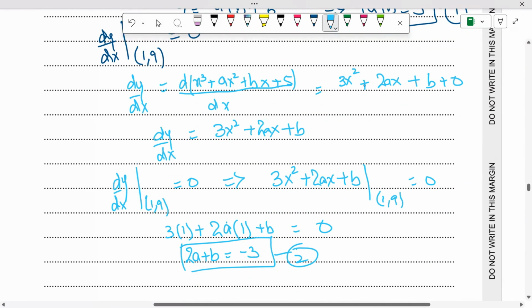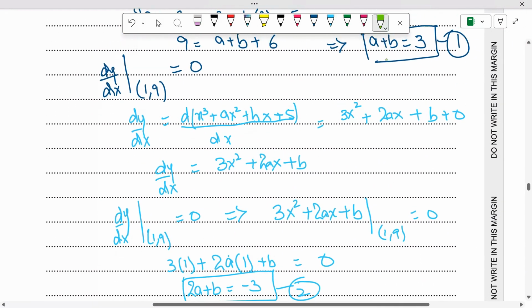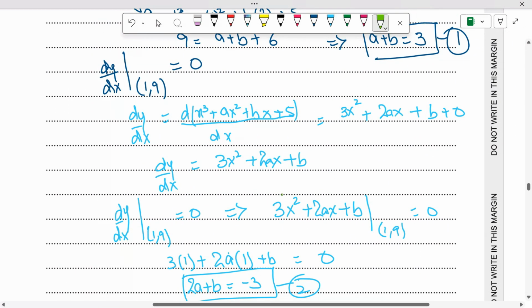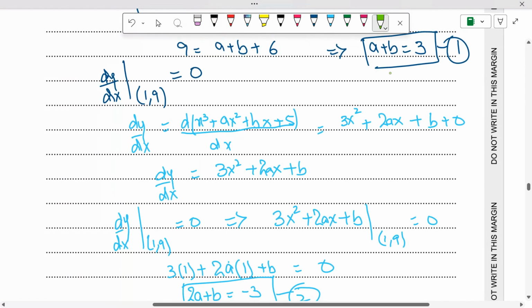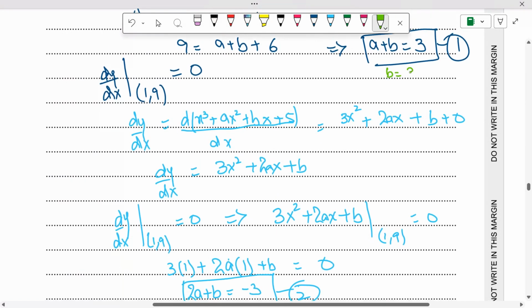Now we have equation 1 and equation 2. We can find the values of a and b by solving them simultaneously. From equation 1, b equals 3 minus a.